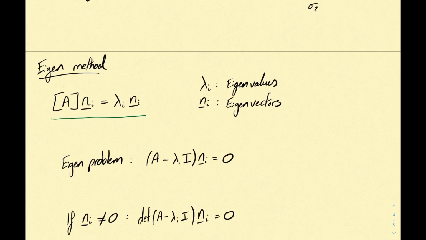So the eigenvalue problem basically rearranges this upper equation into the form shown here, moving the lambda n to the left hand side and equating it to 0.